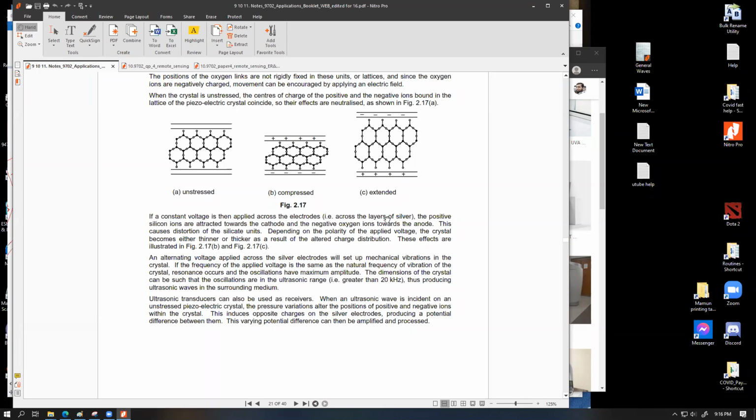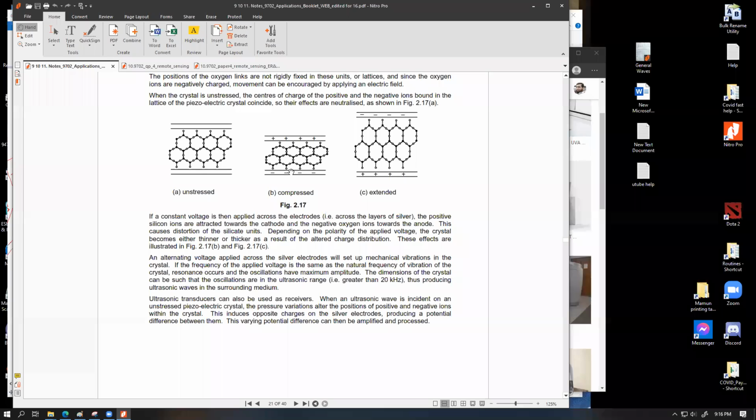So if we provide the voltage from the outside circuit across these two silver platings, this voltage is going to cause the silicate crystal to vibrate. In that case, it will work as a transmitter of ultrasound. And this will keep on happening for the duration of the pulse.